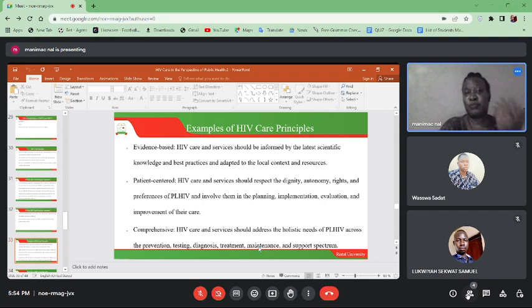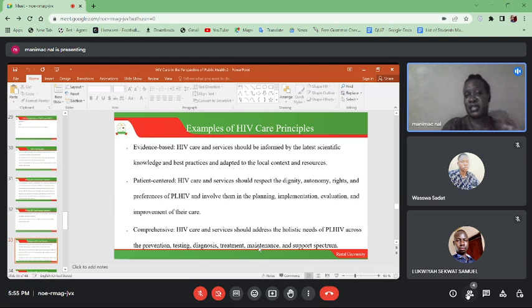For example, if evidence-based information is available, then it should always help us to get informed, to have the scientific knowledge, the latest info, and the best practices that we can adopt based on the local context or situation, as well as the available resources.